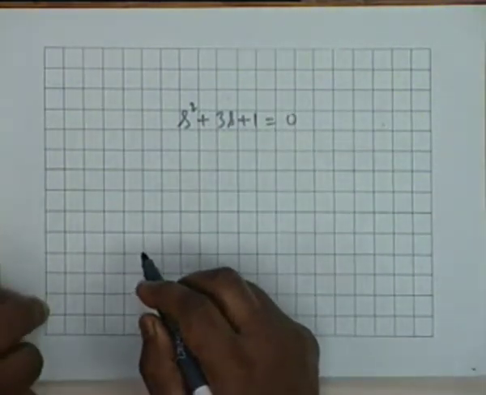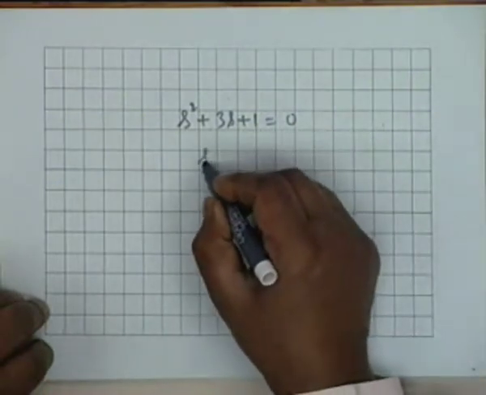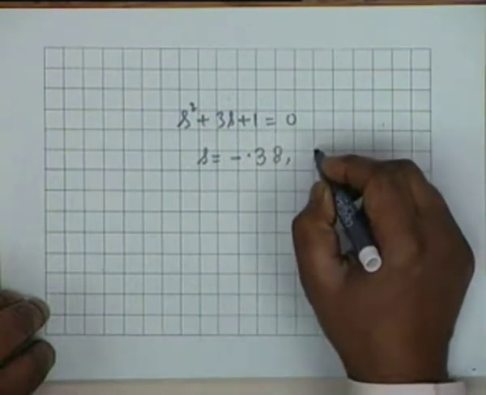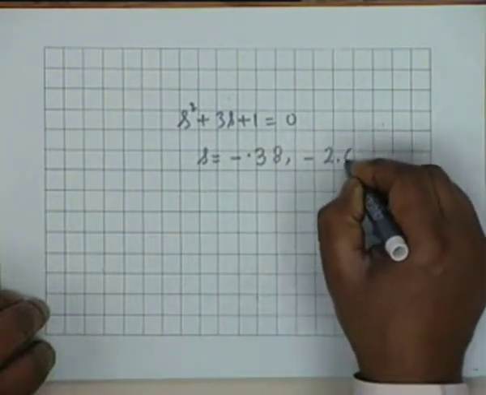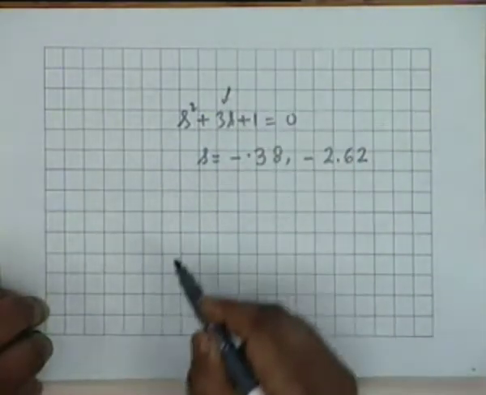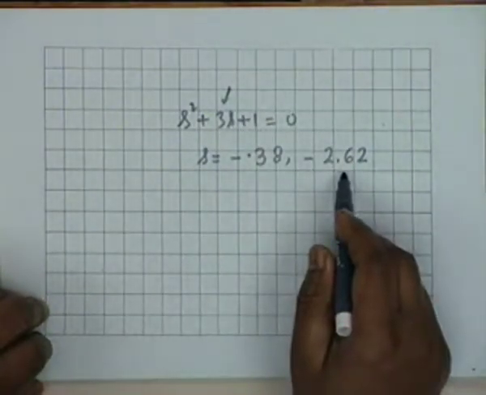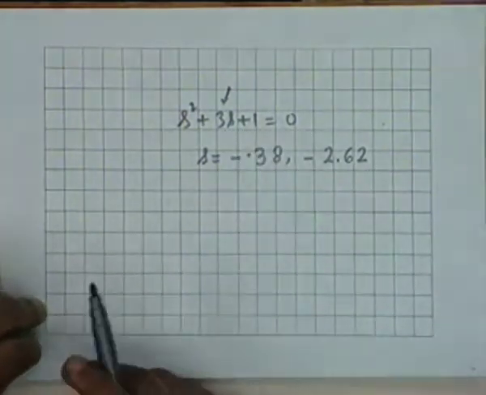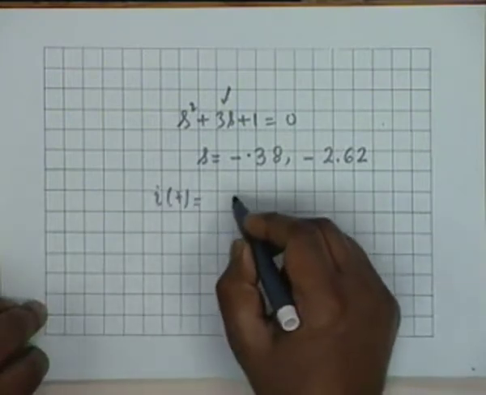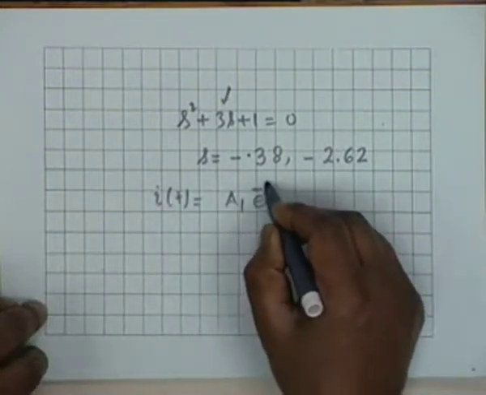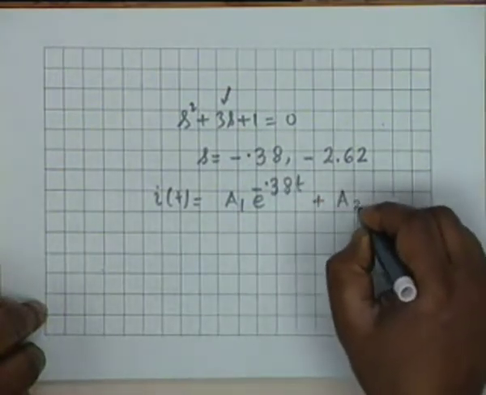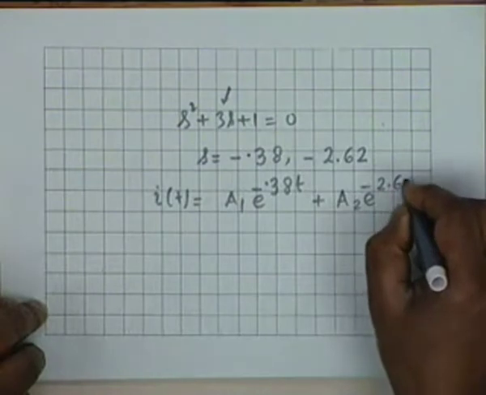It is a quadratic, nothing difficult, and the zeros are minus 0.38 and minus 2.62. The sum of them is equal to 3, it has to be. The product of them has to be equal to 1. Alright. So my current response I of t shall be equal to A1 e to the power minus 0.38 t plus A2 e to the power minus 2.62 t.